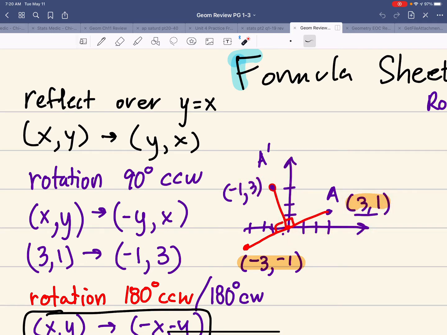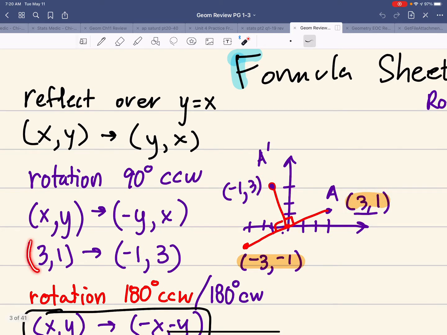This allows us to make the conclusion that if a coordinate went from 3, 1 to the coordinate -1, 3, what happened here is that they switched places. See how the 3 and the 1 switched places, and the sign changed on this first coordinate? Okay?